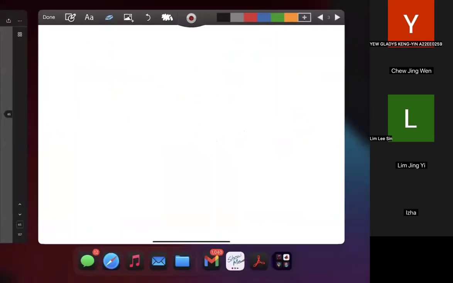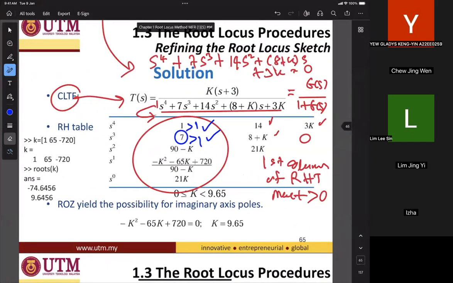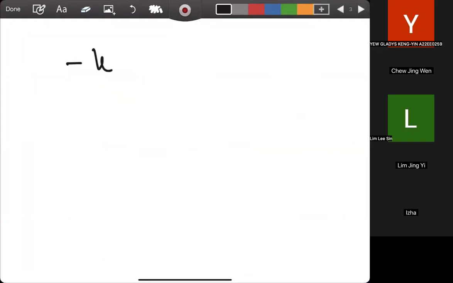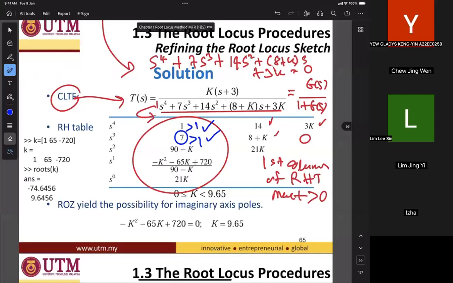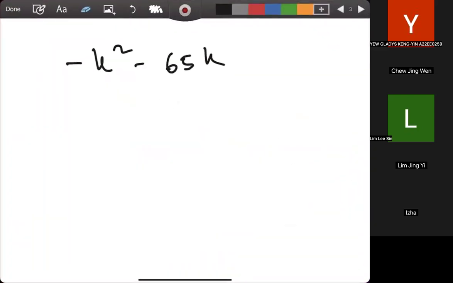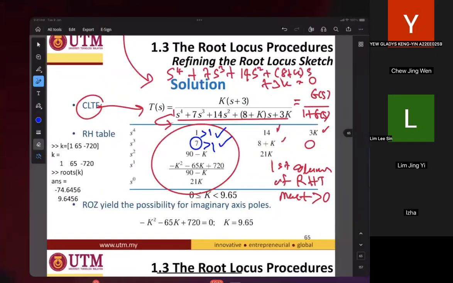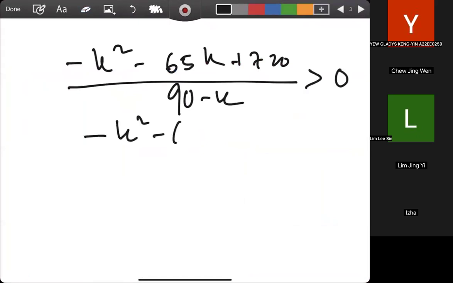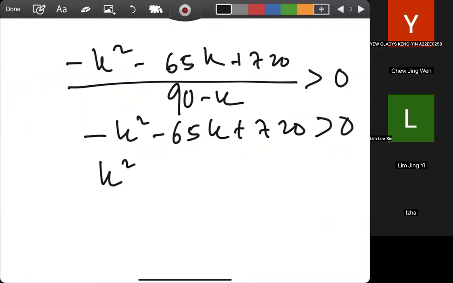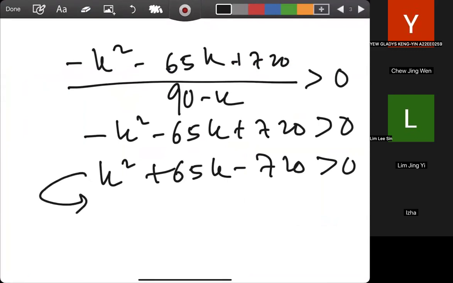Equation number 2 is this one, minus K squared, 65K, plus 720, over 90 minus K, greater than 0. Simplified. And then find the roots.